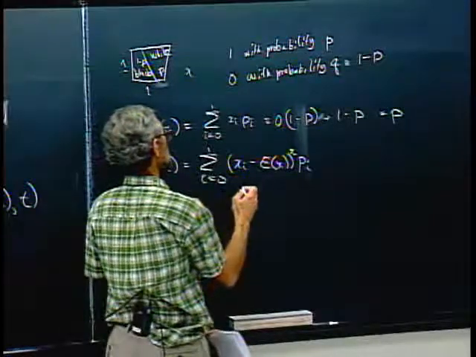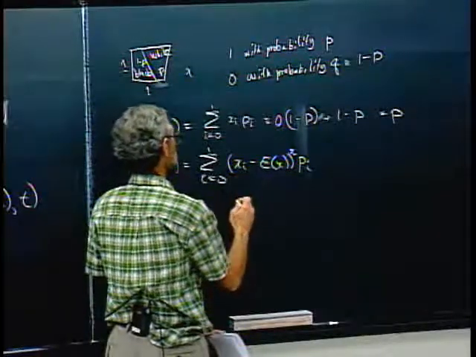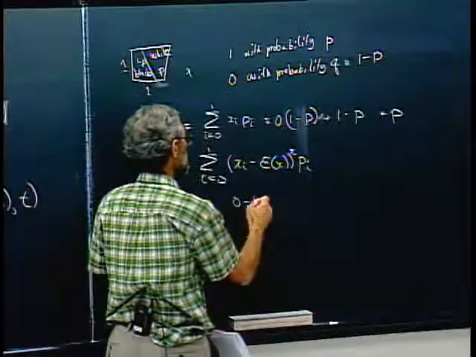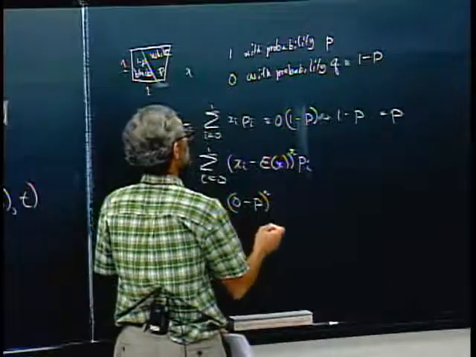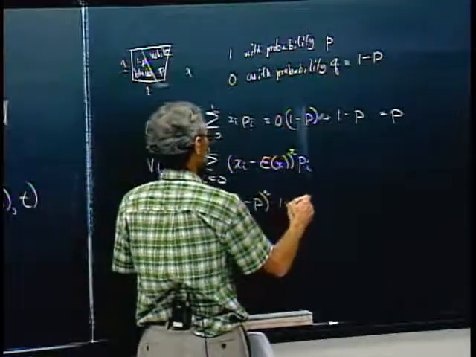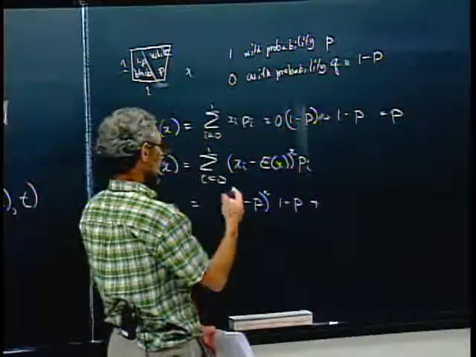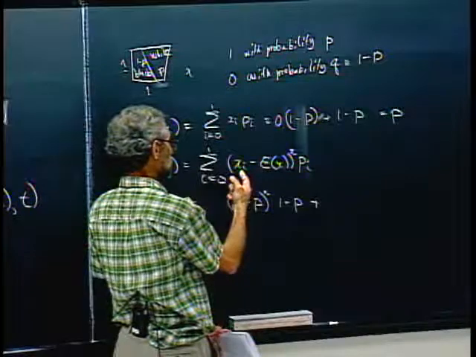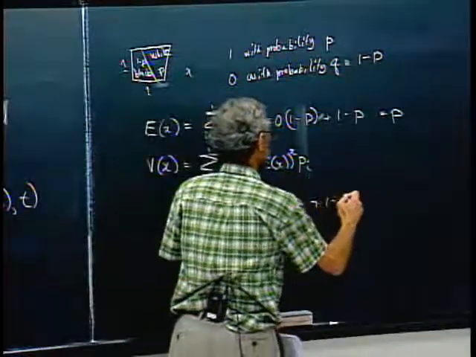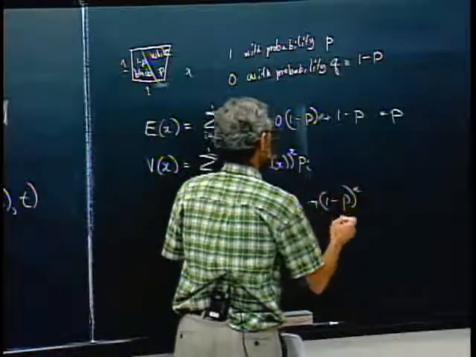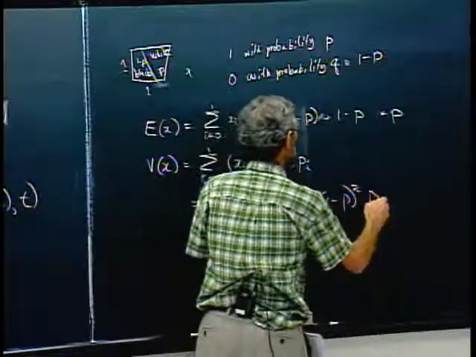And so let's see, if x_i is 0, we have 0 minus the mean squared, and the probability of getting 0 is 1 minus p, plus, if x_i is 1, then this thing is (1 minus p) squared, and the probability of getting 1 is p.